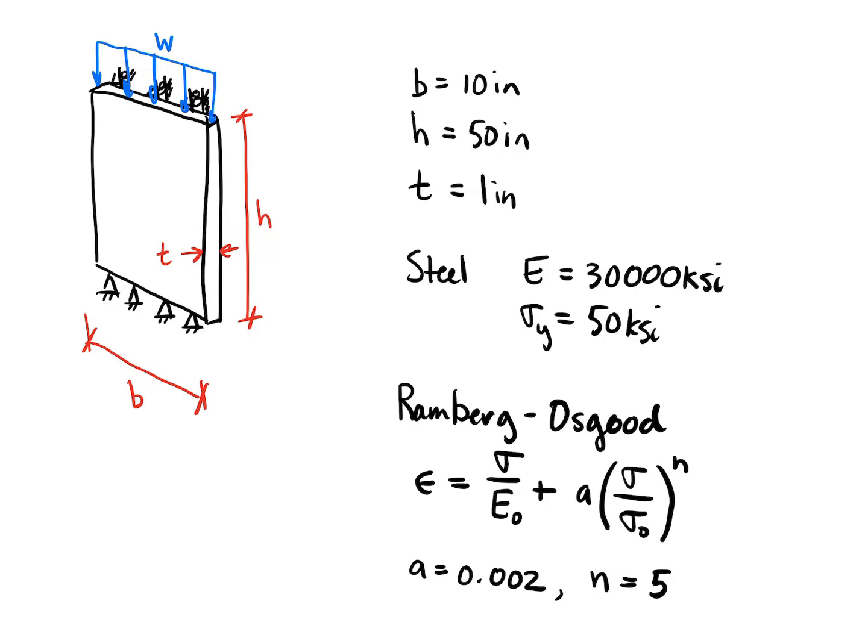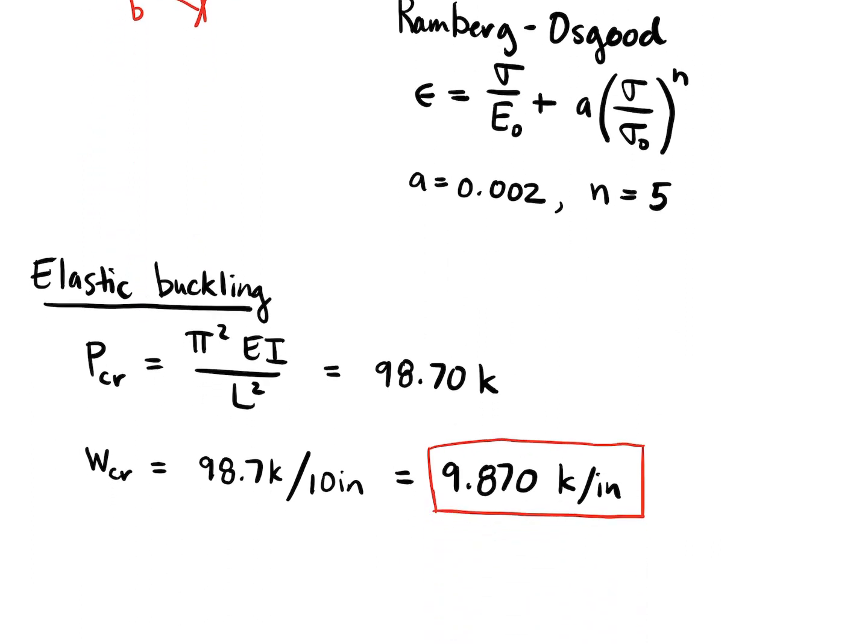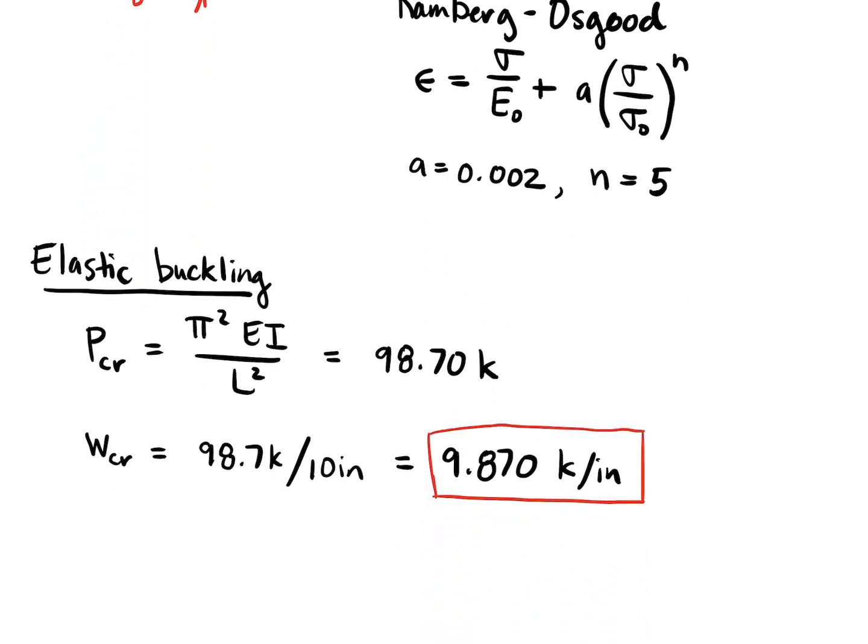As I mentioned, we will model this problem first, assuming linear elasticity. And this is a pretty simple problem, so we can actually calculate the critical load just using the Euler buckling formula. So P critical for a pin-to-pin plate is going to be pi squared EI over L squared.